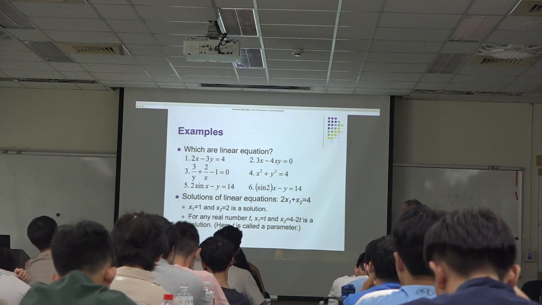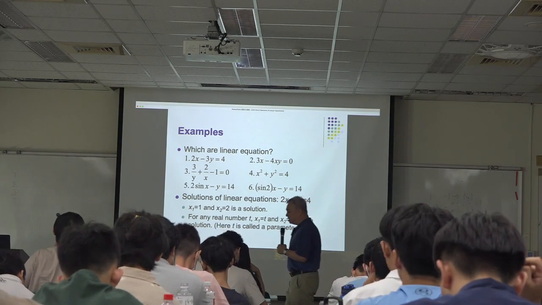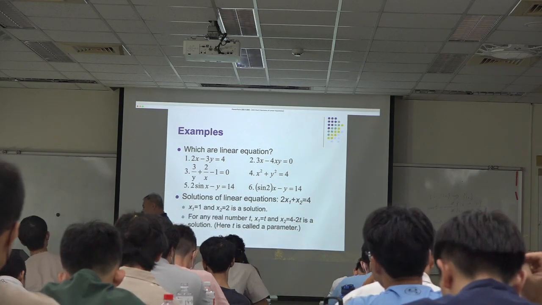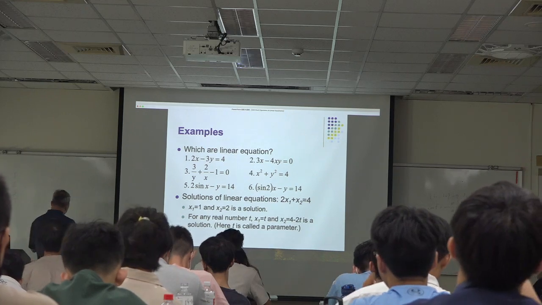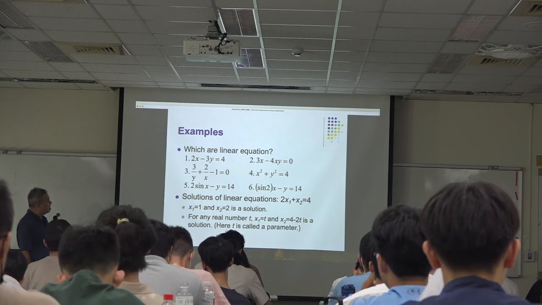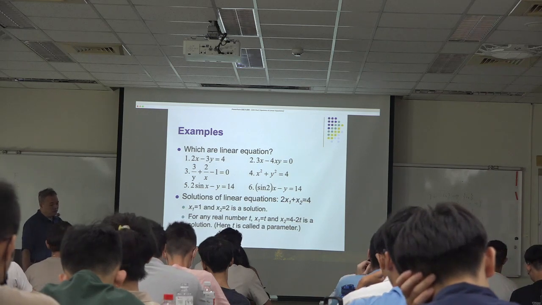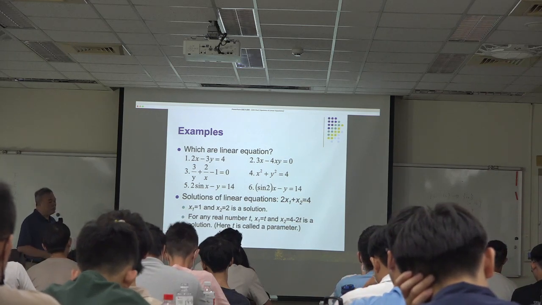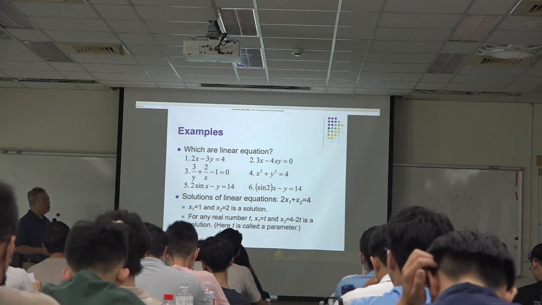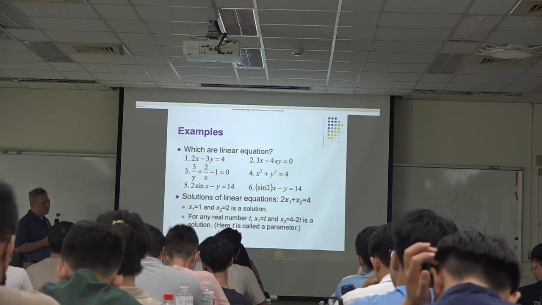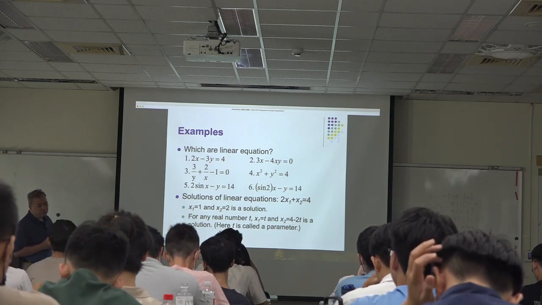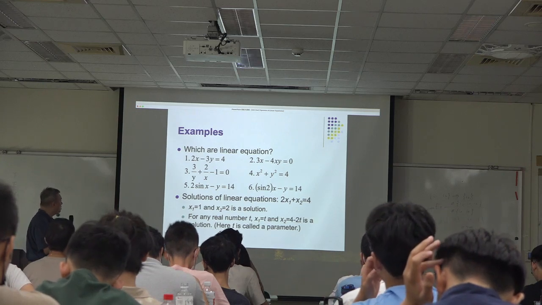This shouldn't be a difficult concept because you have dealt with such linear equations very often in high school. You just may not remember or realize their English terminology. Now you know.